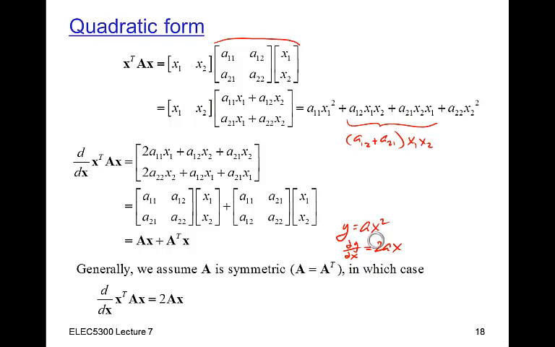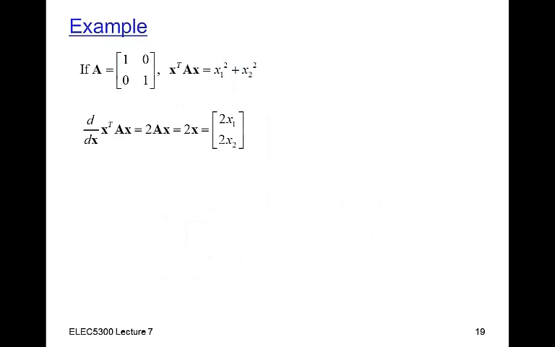So a quadratic form generally has some kind of function. For example, the easiest one would be some kind of a parabolic bowl. Right, so let's take a look at that in this example here. So here I'm going to choose A to be the matrix 1, 0, 0, 1, the identity matrix.